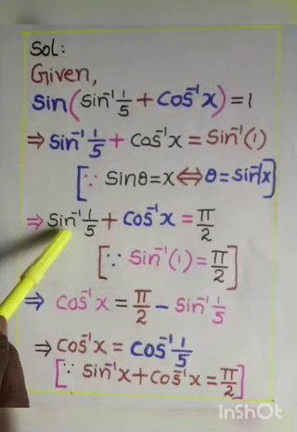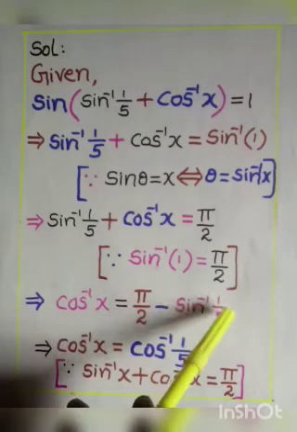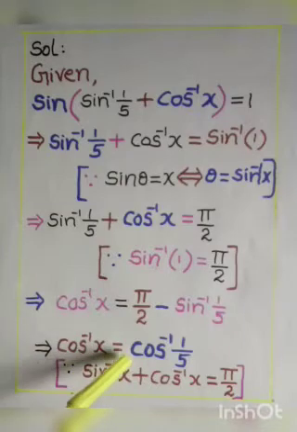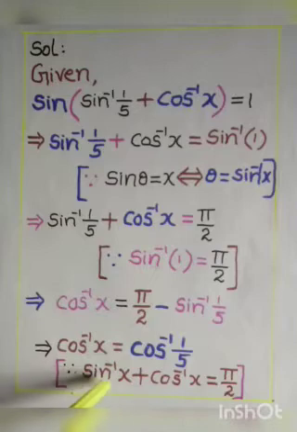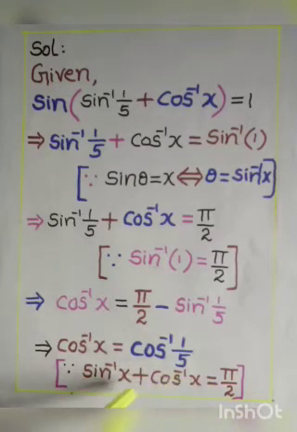We are sending this term to RHS. Then we get pi by 2 minus sin inverse 1 by 5. This implies cos inverse x is equal to cos inverse 1 by 5, because sin inverse x plus cos inverse x is equal to pi by 2. This is also property of inverse trigonometric functions. Understood this step, my dear children? Right.